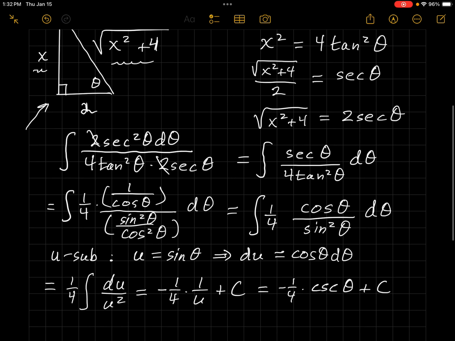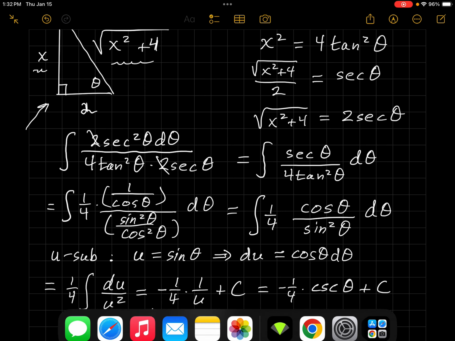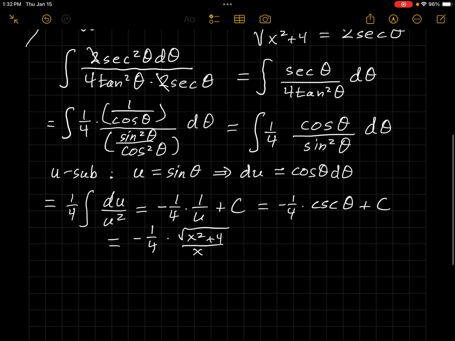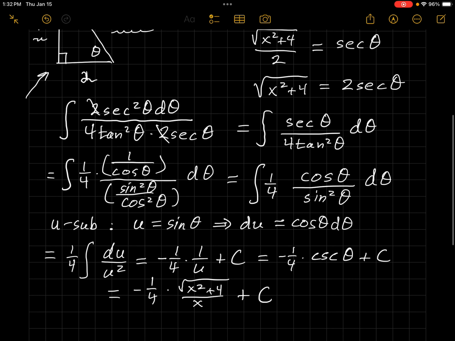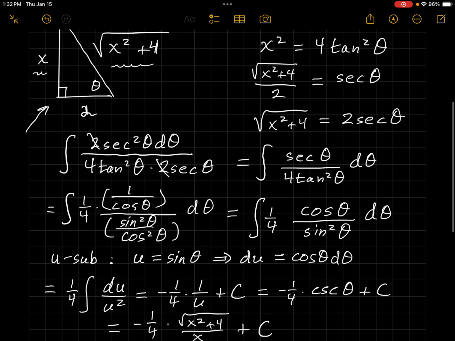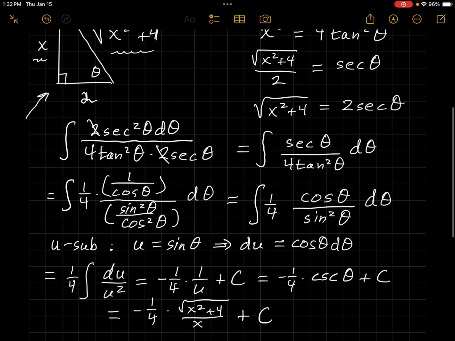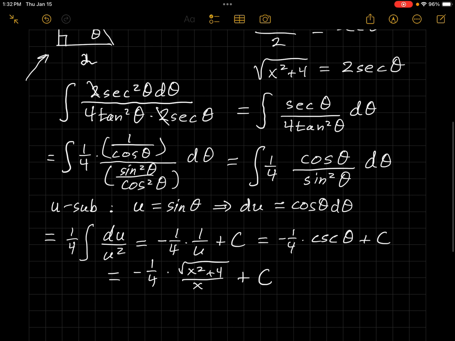So if I back substitute there, I end up with negative 1/4 times the opposite, so on the bottom, and the hypotenuse on the top, plus c. Slide back so we can see it. Hypotenuse over the opposite, and that is our antiderivative.